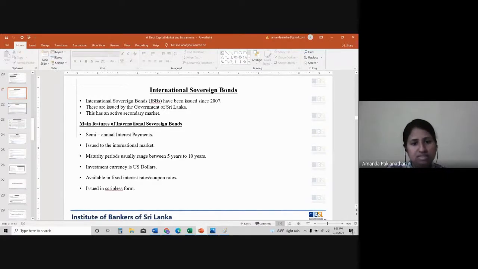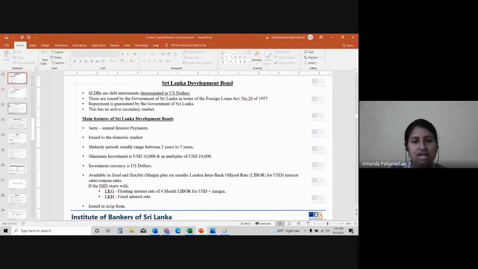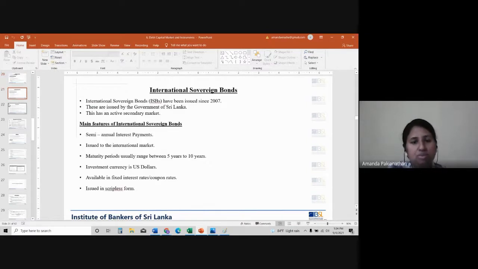Due to this, Sri Lanka Development Bond does not have an active secondary market in Sri Lanka. Its retirement happens on maturity. But when you issue an instrument to the international market, can you say you cannot trade until maturity? No, you have to give them the option of a secondary market. So International Sovereign Bond does have a secondary market.